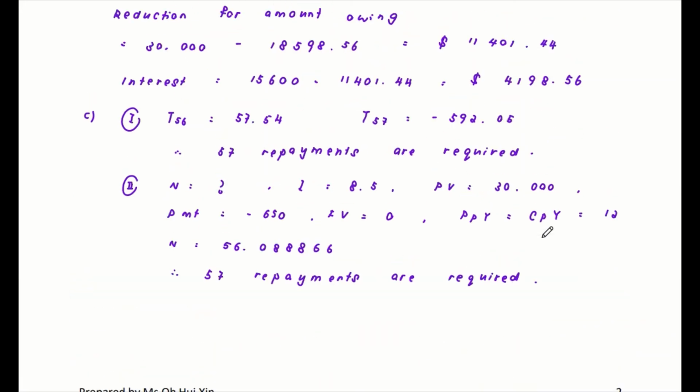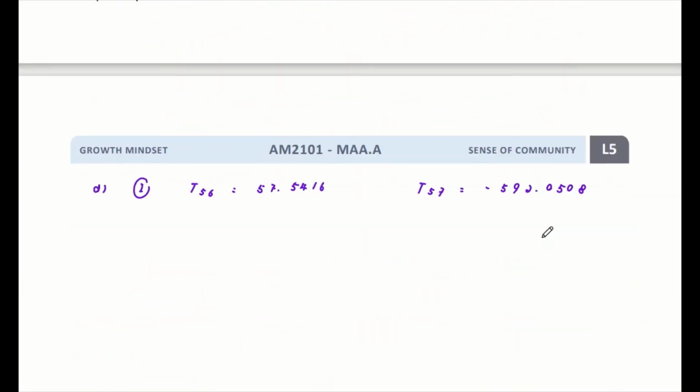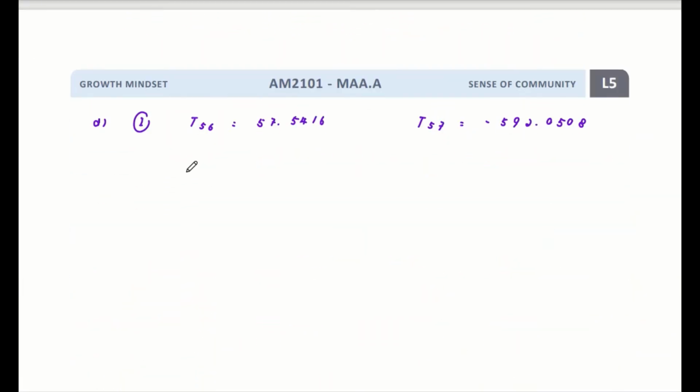Now we are going to understand it from a timeline perspective. At the end of the 56th year, I still owe this amount of money. This amount is going to be charged another 8.5% per annum, so let me write down per annum; later we are going to change this. Then after that, minus 650 and you get the next term.